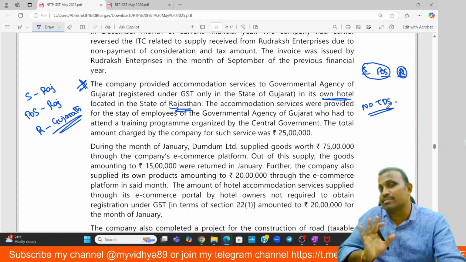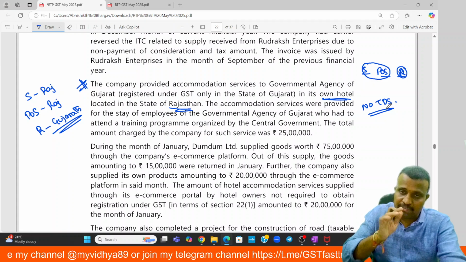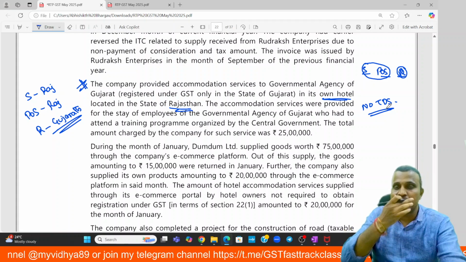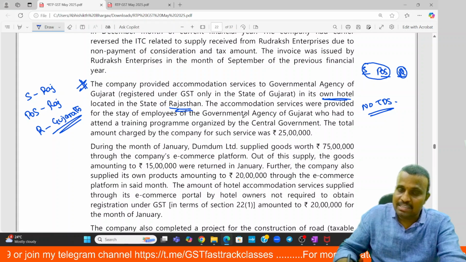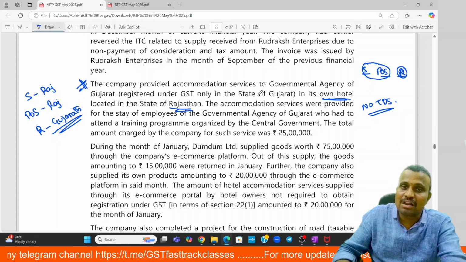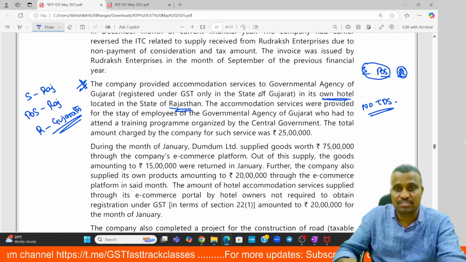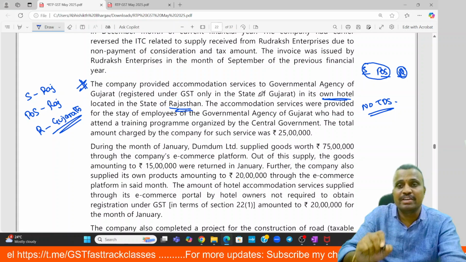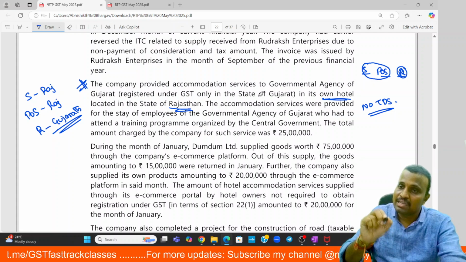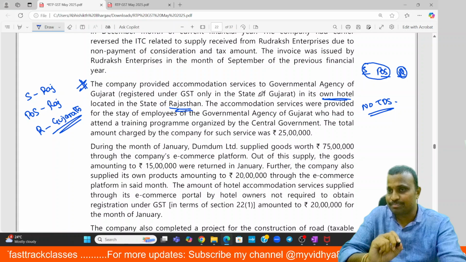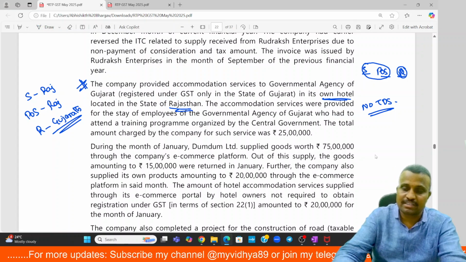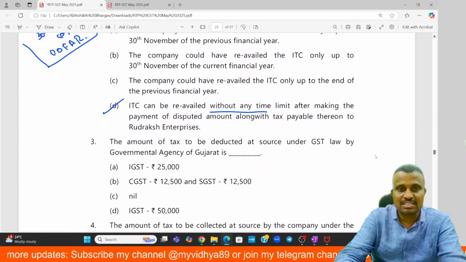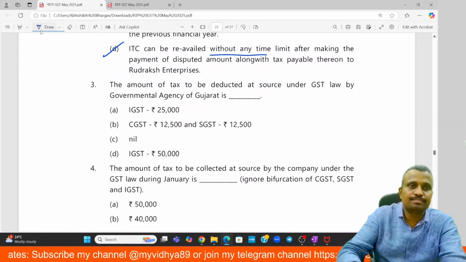Even though that party is covered under notified persons as per section 51, here the recipient does not have any registration in the place of supply or in the location of the supplier. So no TDS is required to be deducted.